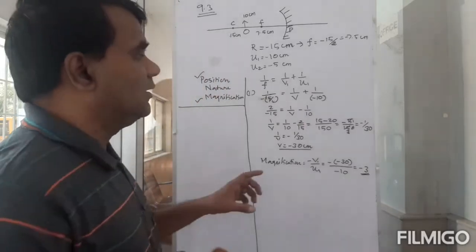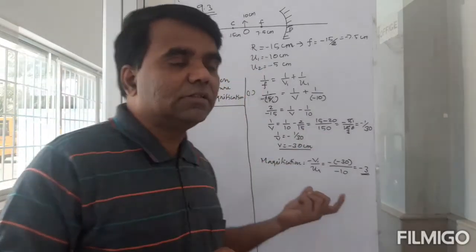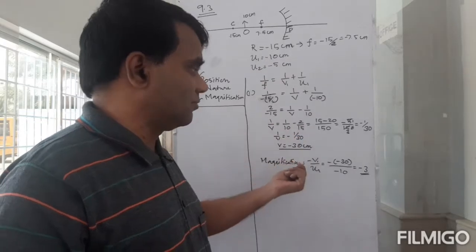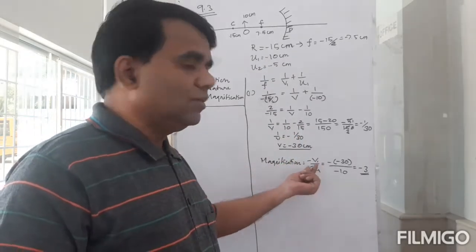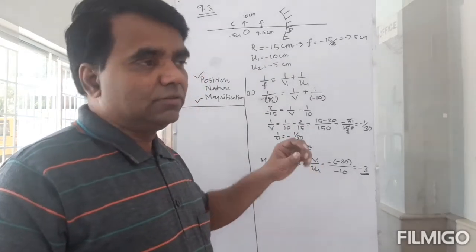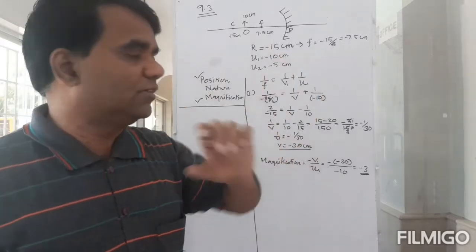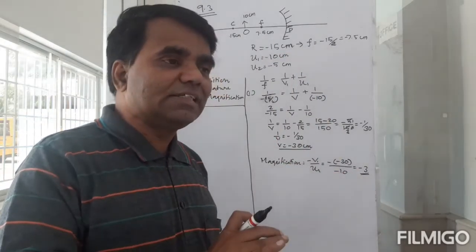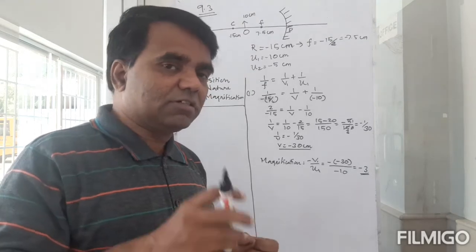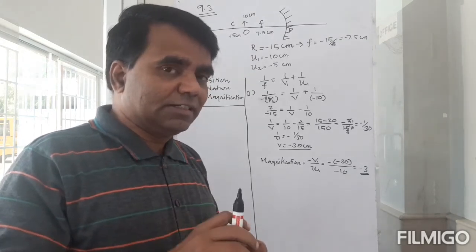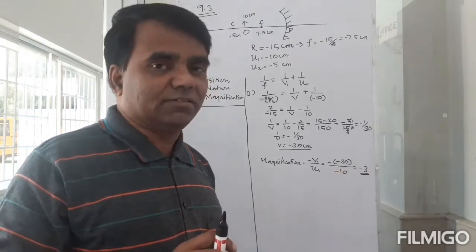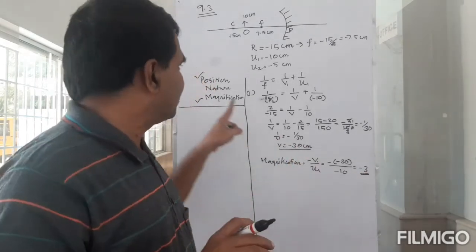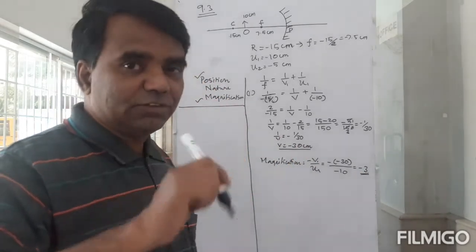So which means that this image is magnified, it is bigger than the original, the object. The image is 3 times bigger than the object. But then it is minus 3, so it is inverted. It is not erect. If it were erect, then I would have got a positive sign. So it's minus 3 means the nature of the image is it is inverted.